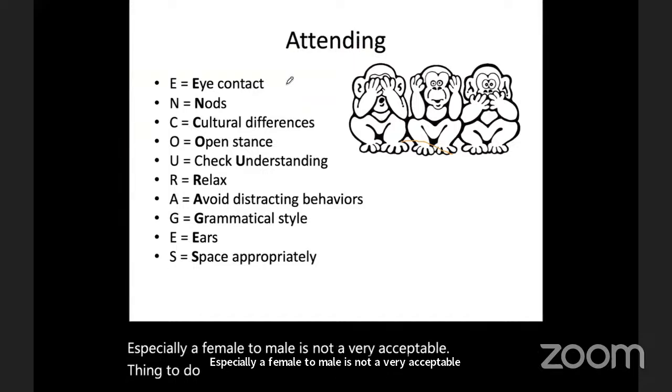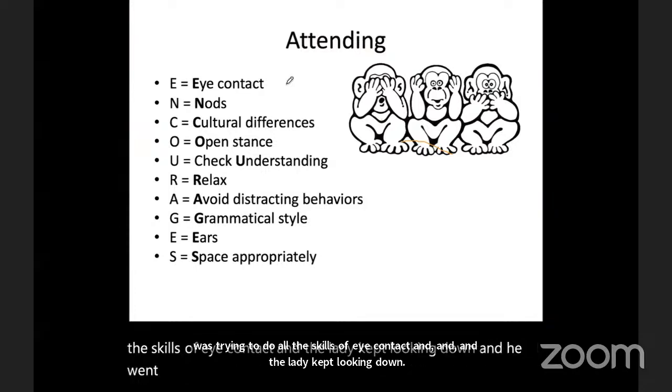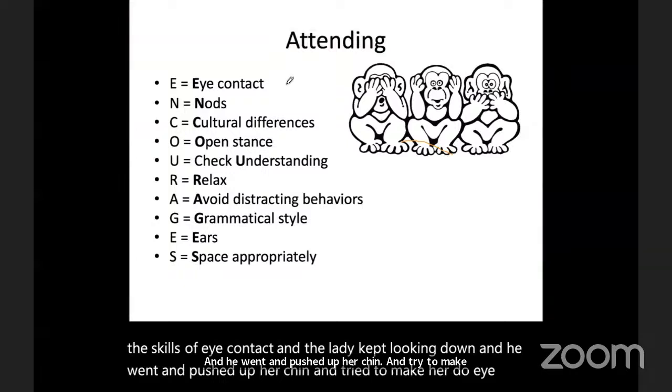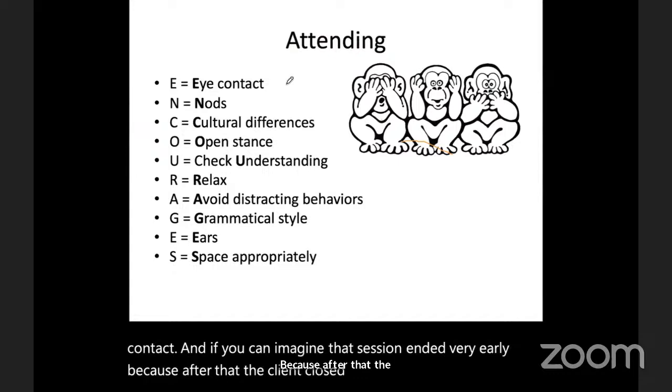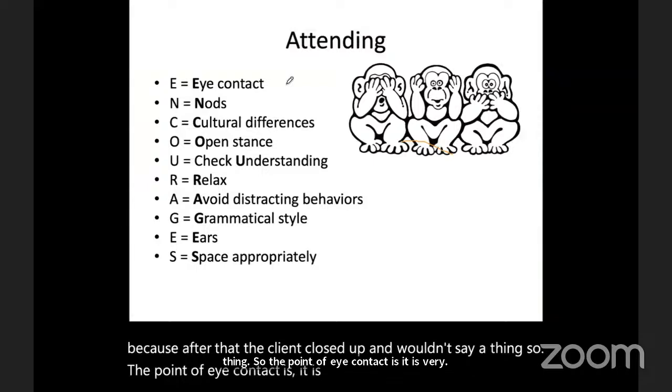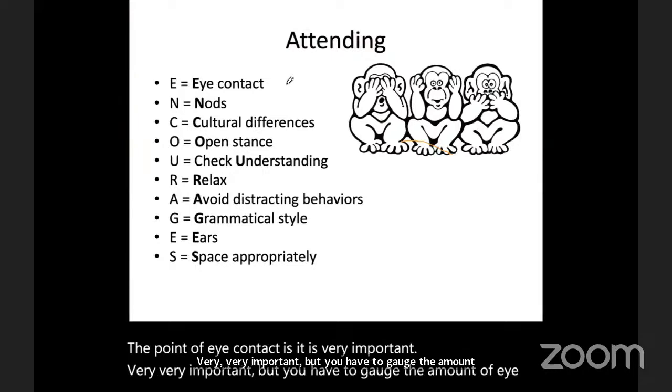And I remember this client, he was trying to do all the skills of eye contact, and the lady kept looking down, and he went and pushed up her chin and tried to make her do eye contact. And if you can imagine, that session ended very early, because after that the client closed up and wouldn't say a thing. So the point of eye contact is it is very, very important. But you have to gauge the amount of eye contact that your client is comfortable with.